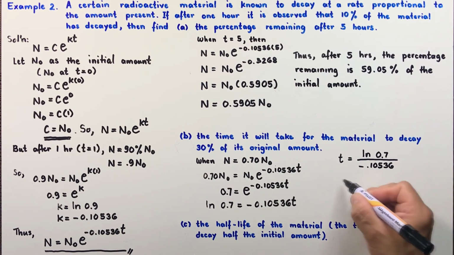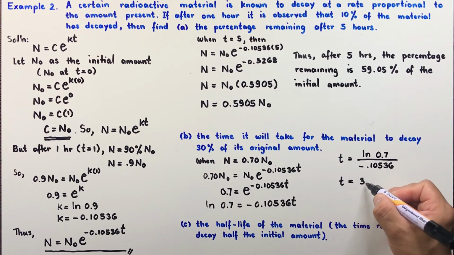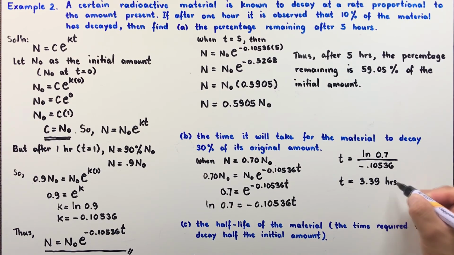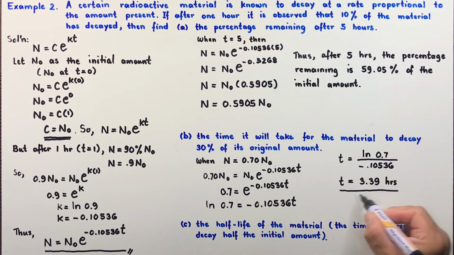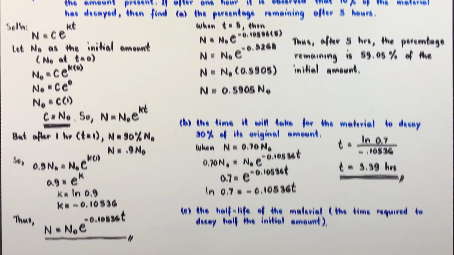So t is equal to 3.39 hours here. So this is the time required for the radioactive material to decay 30% of its original amount.